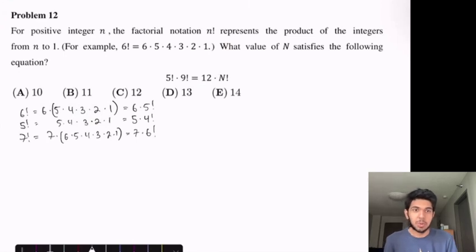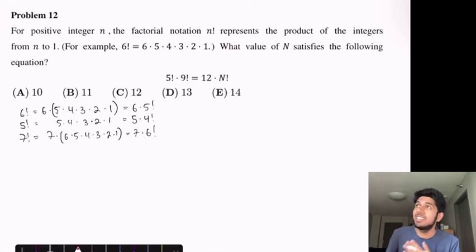Okay, so with that in mind, let's work on the problem. The left-hand side seems to be the one that will require the most work. And that's the side we should work with since the n is on the other side. And we want to eventually isolate that or work with that. So let's work with the left-hand side. 5 factorial times 9 factorial. I'm just going to expand them out.